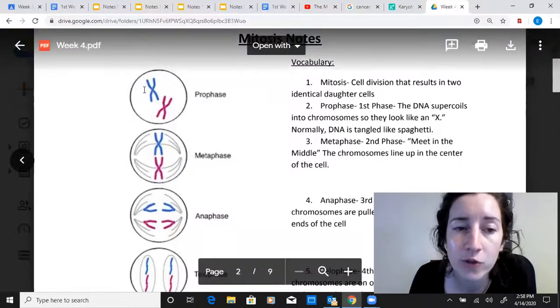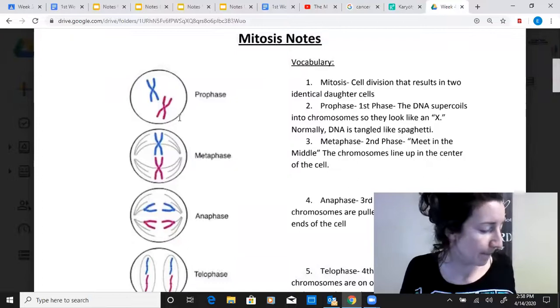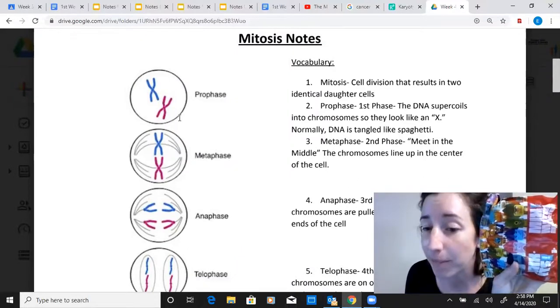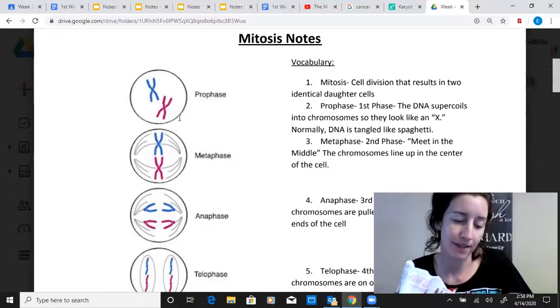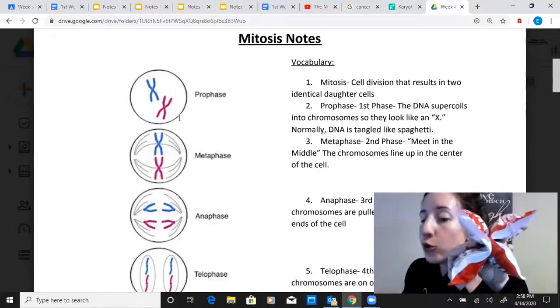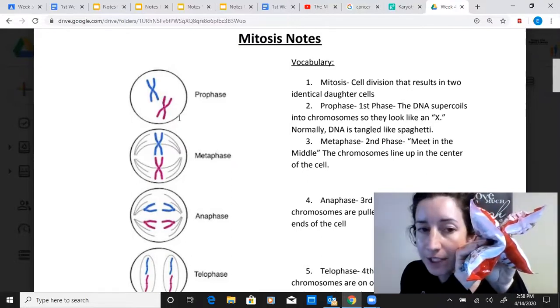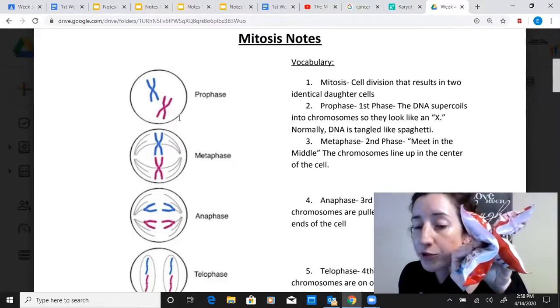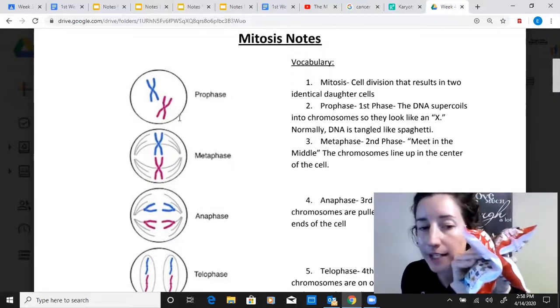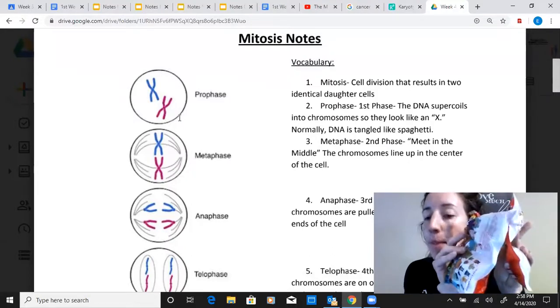Prophase, they're going to supercoil into that X. You're going to create a model. Here's my Wendy's Happy Meal. There's 2 identical copies of DNA, and they're going to supercoil so you can see them. Metaphase, they're going to meet in the middle. They're all going to line up. Anaphase, apart.